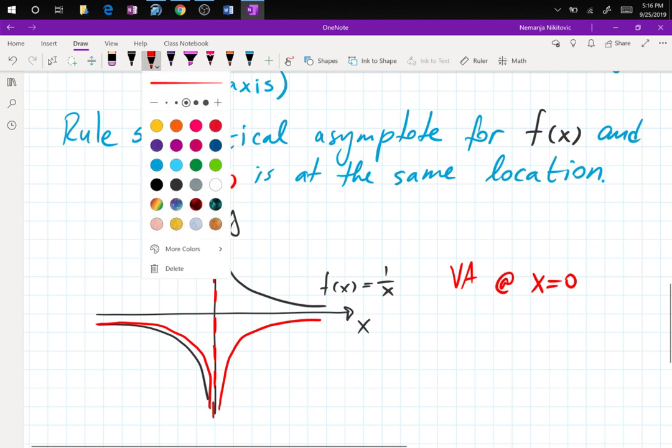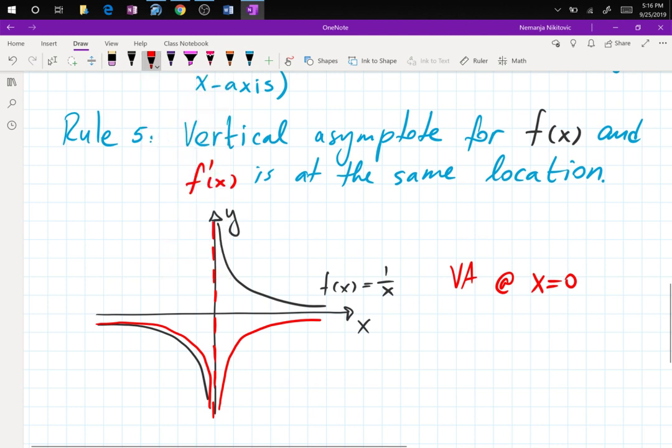Now, that's okay because we know that f prime of x is negative 1 over x squared. On the side over here, 1 over x squared graphs both of these above.